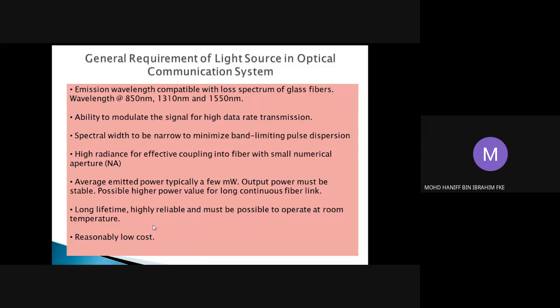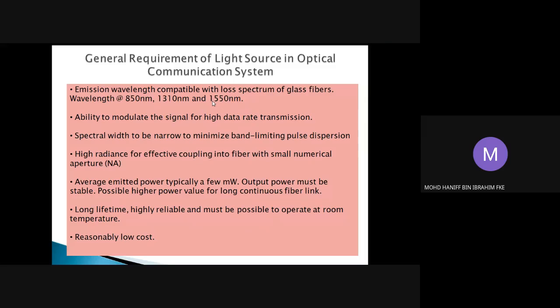So we need a light source which can operate at these particular wavelengths, so that we can take advantage of the low loss offered by them. Preferably we work at 1550 nanometers due to the very low loss offered by this wavelength. That is the first criterion: the wavelength produced by the light source must be compatible with these three wavelength values.